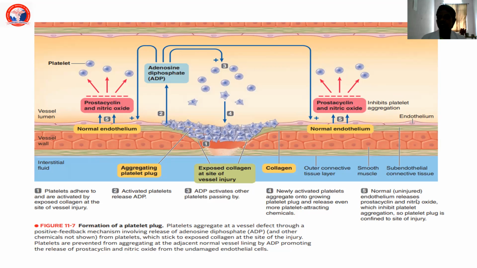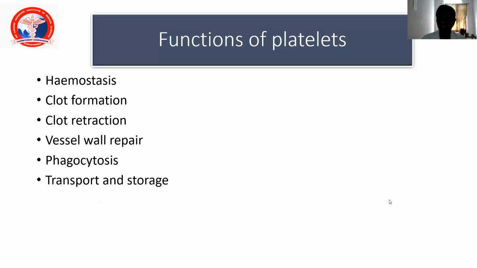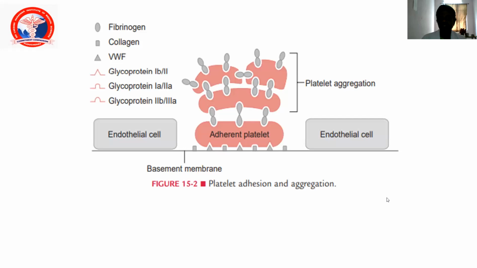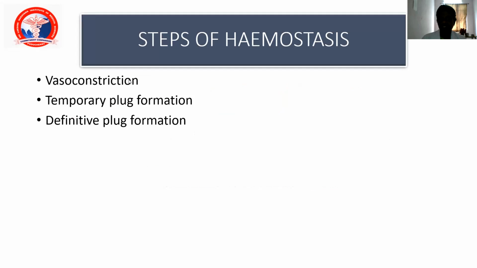Normal or uninjured endothelium releases prostacyclin and nitric oxide which inhibit platelet aggregation, so the platelet plug is not confined to the site of injury. Yes or no?